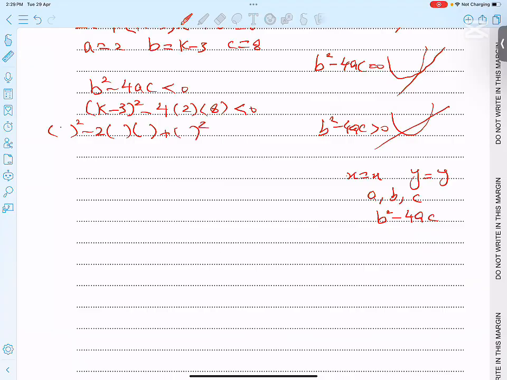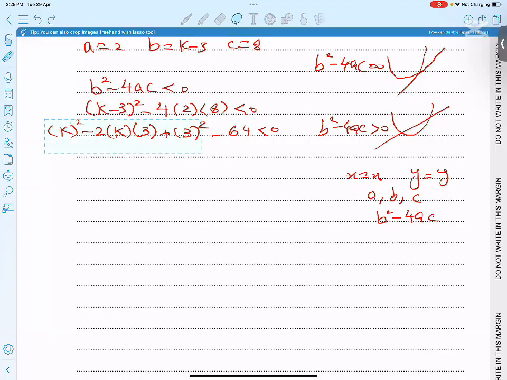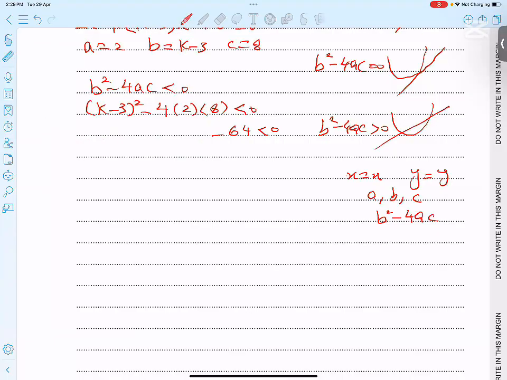And 4 times 2 times 8 is 64. I have two choices: I can expand the square, rearrange and factorize. The second option is maybe better, if I don't expand it.